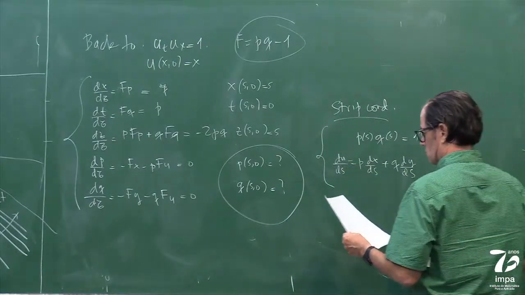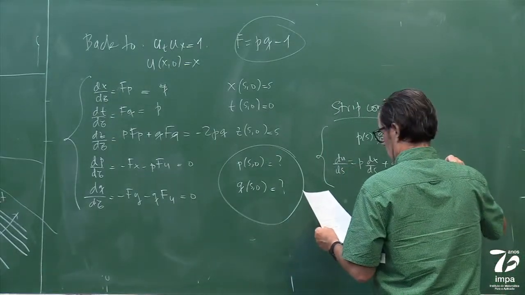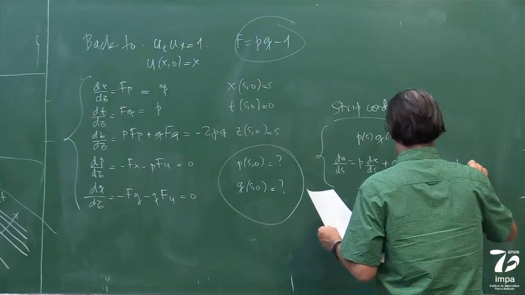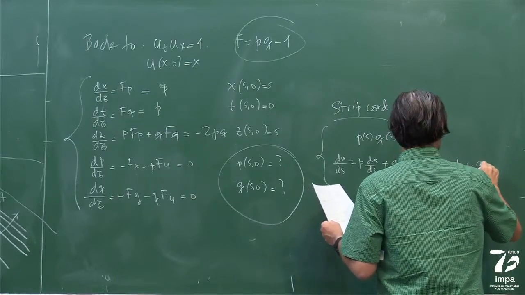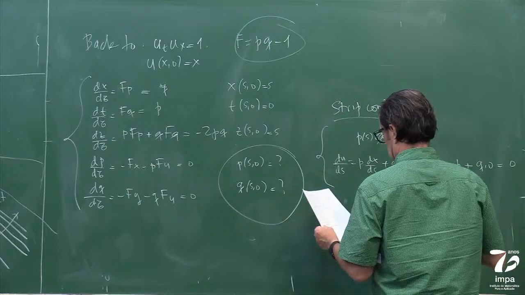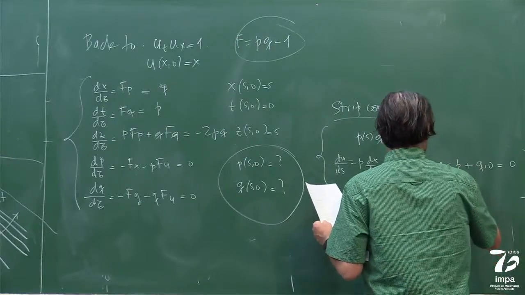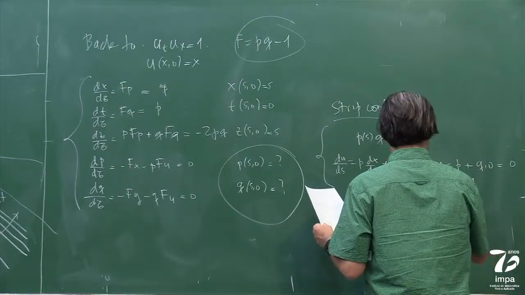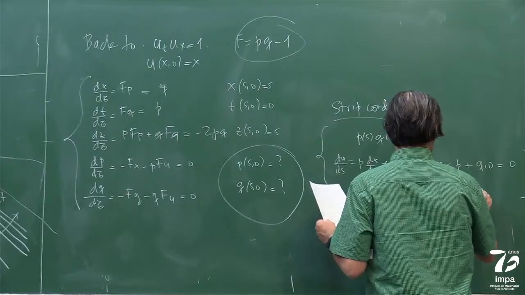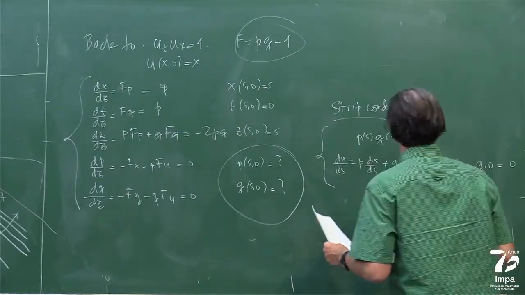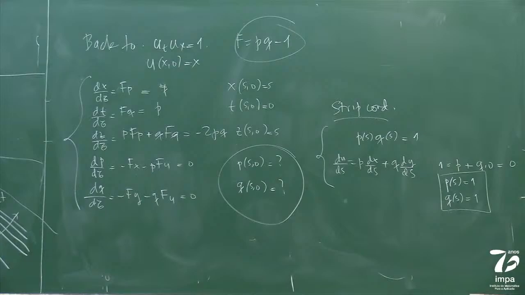Which amounts to 1 P minus Q times 0 equals 0. So PS equals to 1, and therefore QS equals to 1. Okay, so I'm going very fast on purpose because it's time also for you to double check.